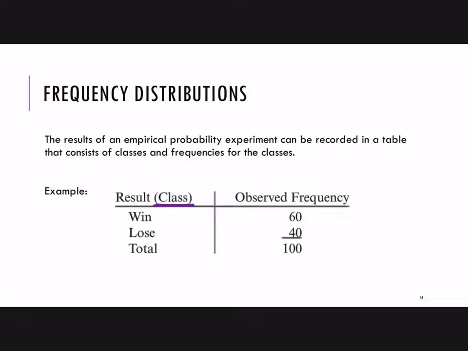For a die, your classes would be 1 through 6. On the right, we have all the frequencies. In this case, 60 wins were observed and 40 losses were observed. And then we also have a total, which is found just by adding up all of the different frequencies. So those are the components that are needed for a frequency distribution table: the classes, the frequencies, and a total.